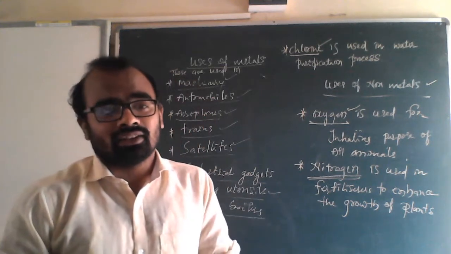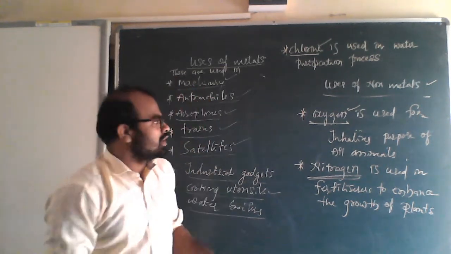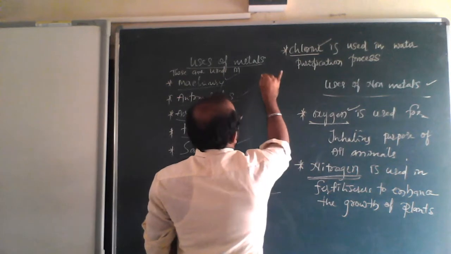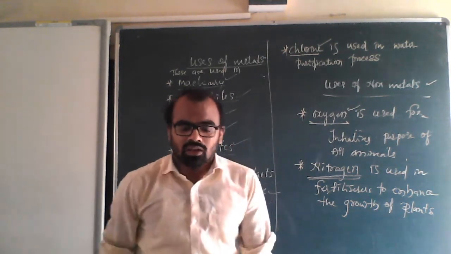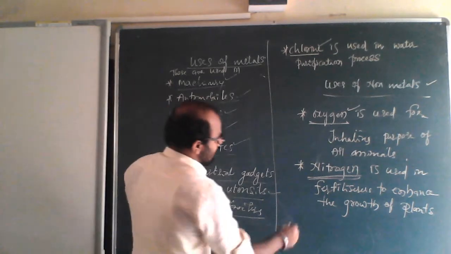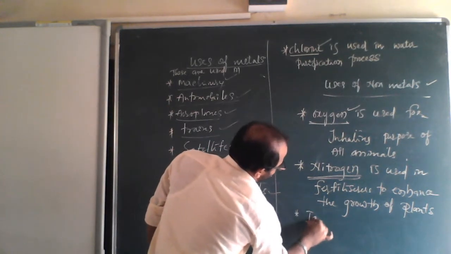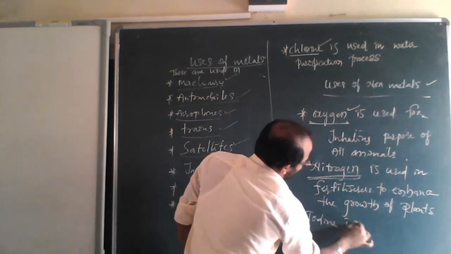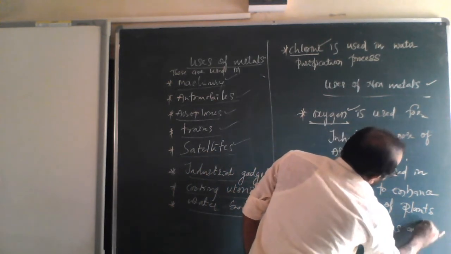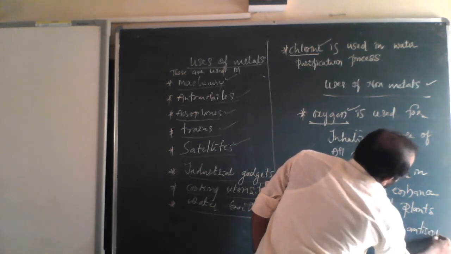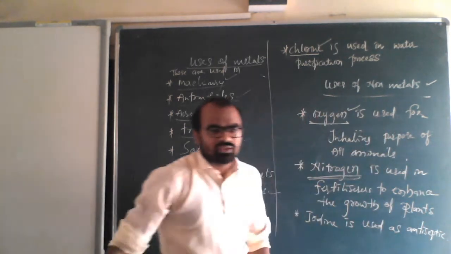It will be written there. It is an iodine ointment. So iodine is used. So the non-metal used as antiseptic is iodine. We have to write it as iodine is used as antiseptic. Antiseptic means the one which is against wounds.